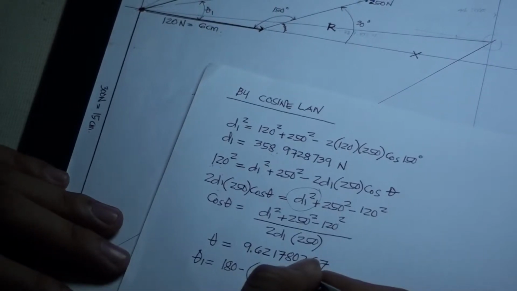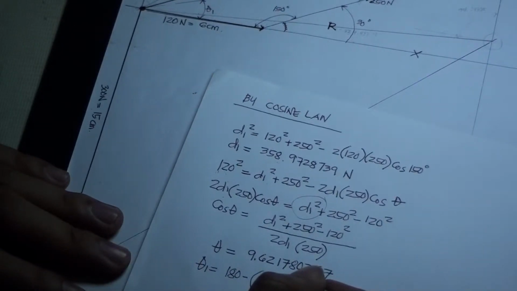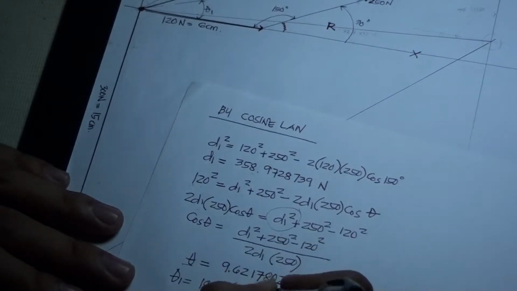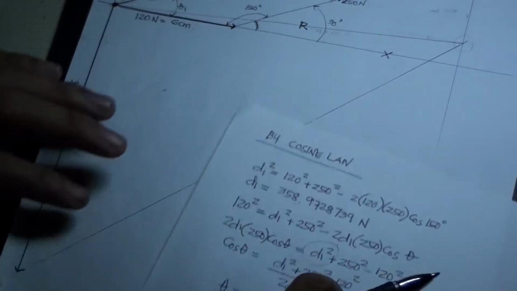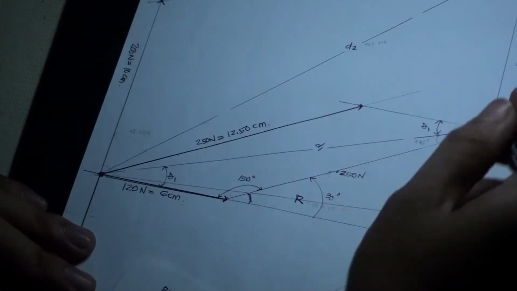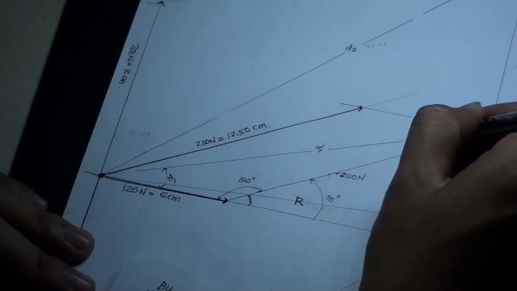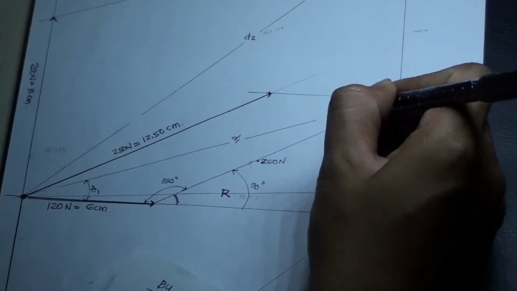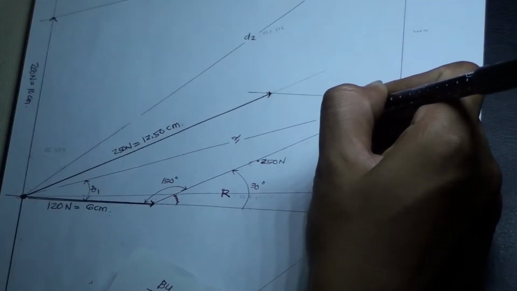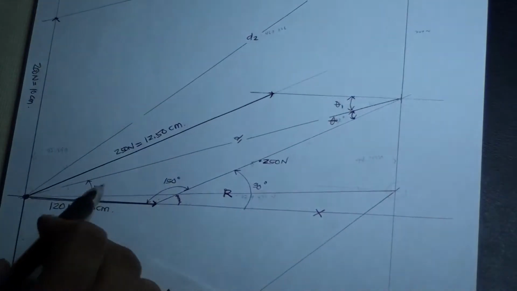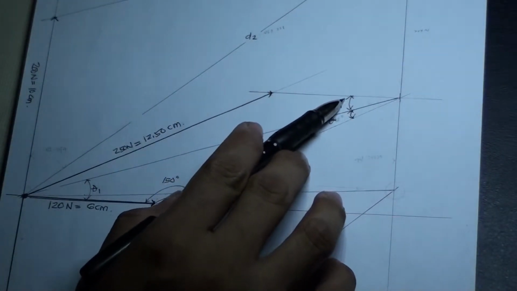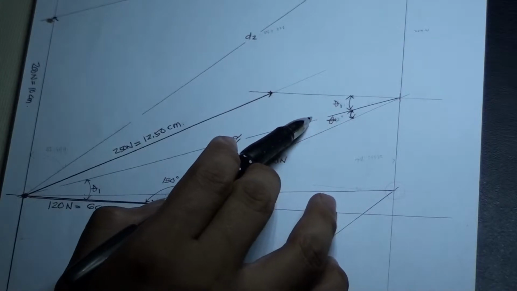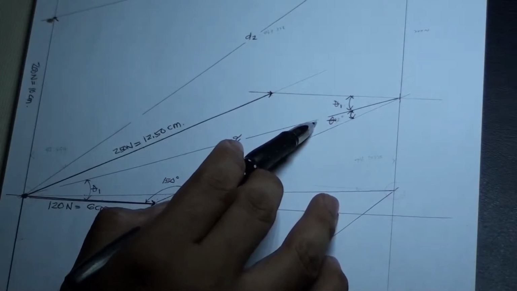Where is that 9.62? Actually, that's the angle of this, so plus theta. Take note that this angle is denoted as theta. So your theta sub 1 will be equal to theta sub 1 here, but this one is only theta.